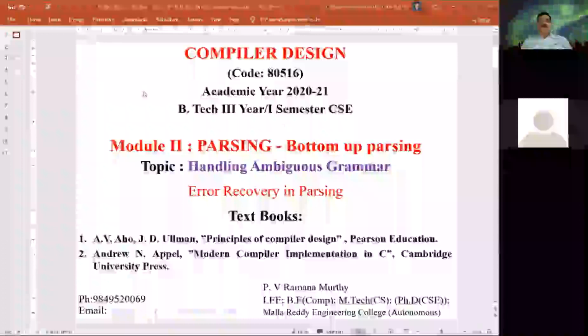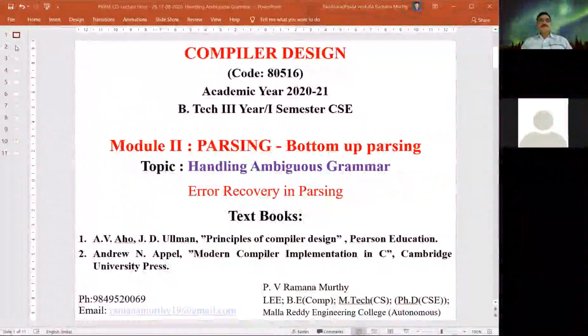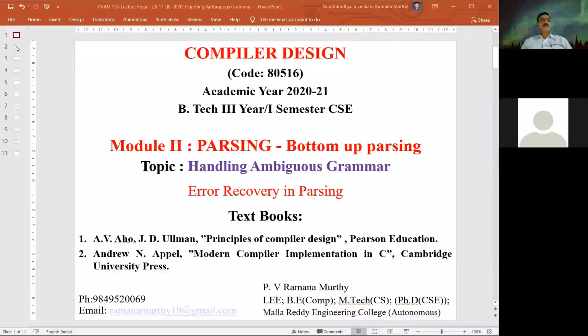First we'll start with error handling, or handling ambiguous grammar. We know the meaning of ambiguity in a grammar.